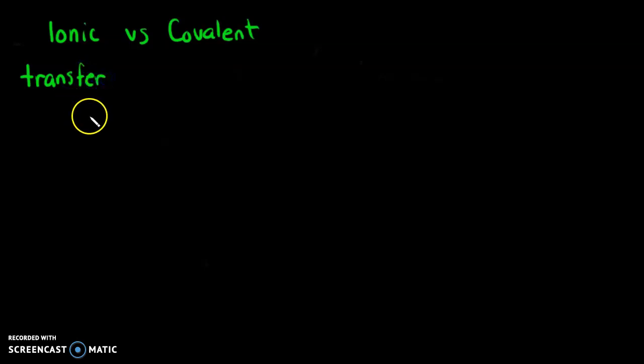So the first one, when we're comparing ionic versus covalent bonds, the first big one is ionic bonds transfer their valence electrons, and covalent bonds share pairs of valence electrons.